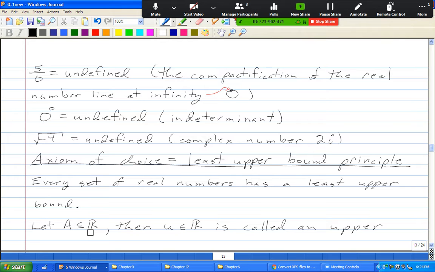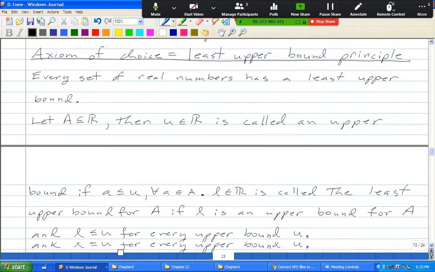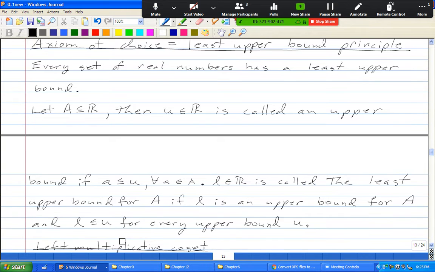Then U, a real number, is called an upper bound if every number a in the set A is less than or equal to U. L, a member of R, the real numbers, is called a least upper bound for A if L is an upper bound for A and L is less than or equal to any upper bound of A.